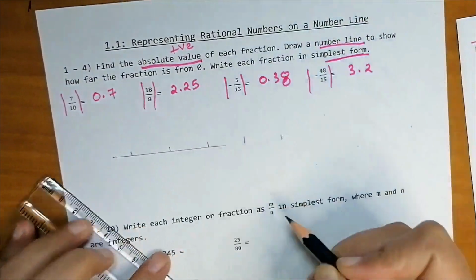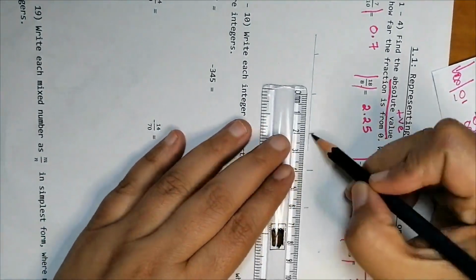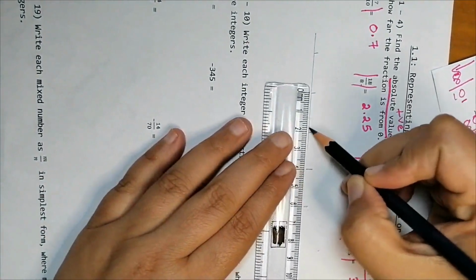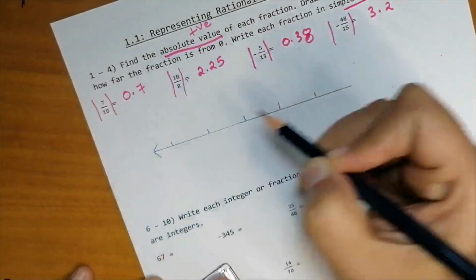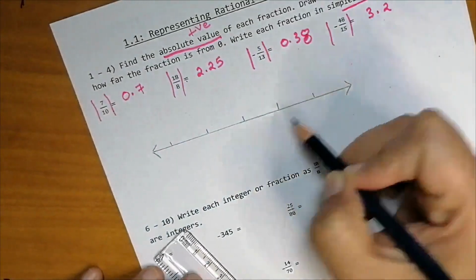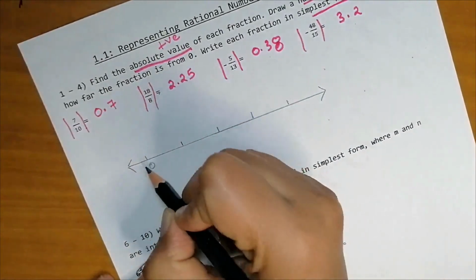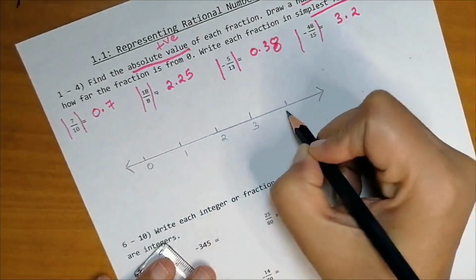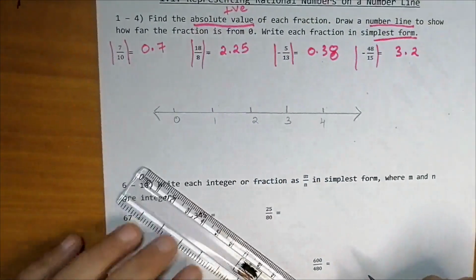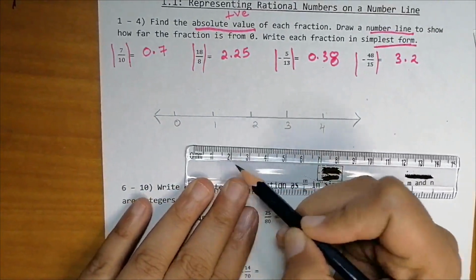So let's mark it. Okay, let me just turn my page. And here we are on the number line. It's absolute value, right? So we're not plotting negative values here. So let's say this is 0. This is 1, 2, 3, and 4. Now 0.7. As you can see, 2 centimeters is taken as 1 unit, right?